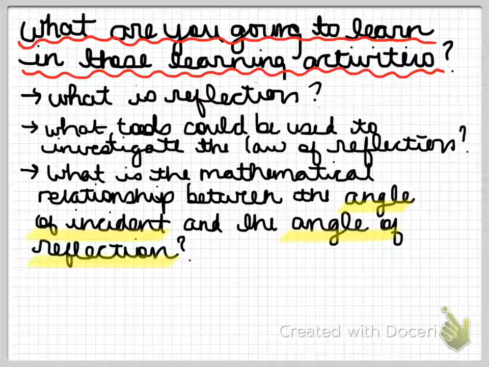And the last one is: what is the mathematical relationship between the angle of incidence and the angle of reflection? That's basically fancy terminology for saying how can we predict, when light's going into a mirror, what's going to happen, how it's going to bounce off, and where it's going to bounce off. There's actually a formula or a calculation that can be made to predict that.